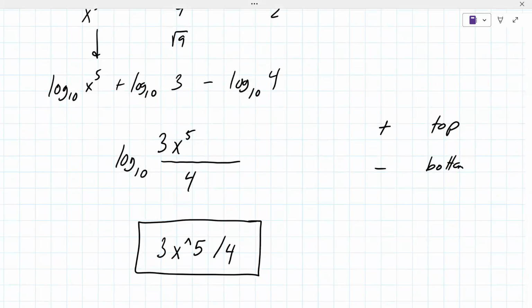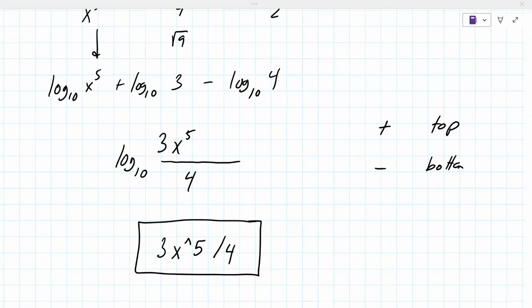That's what they want. Let me know we can move on to the next.